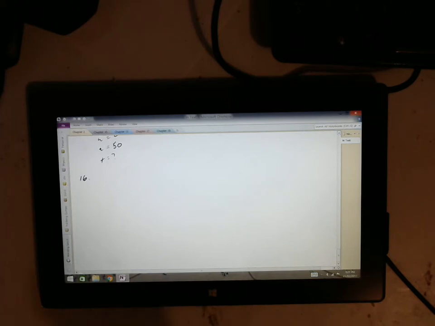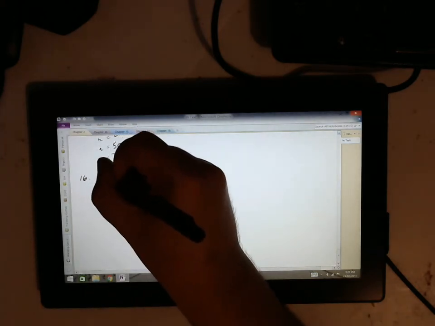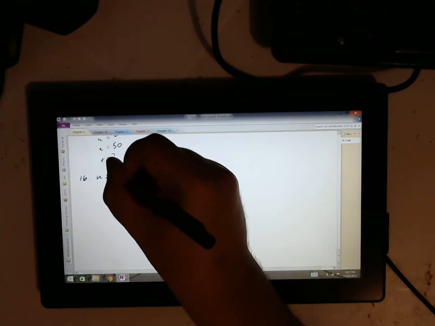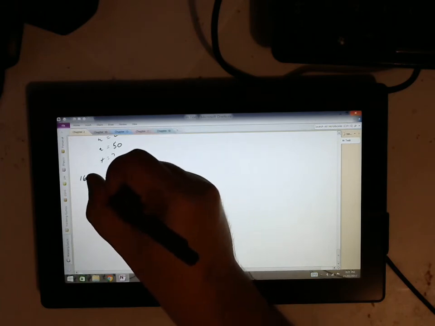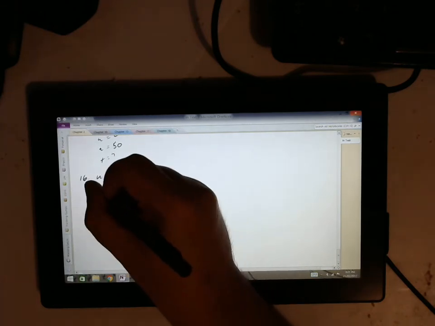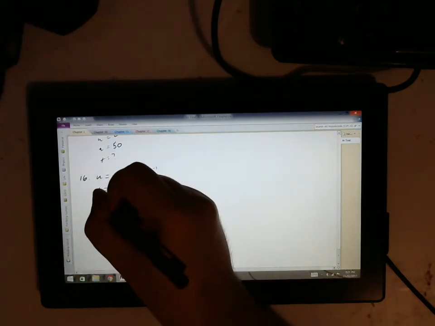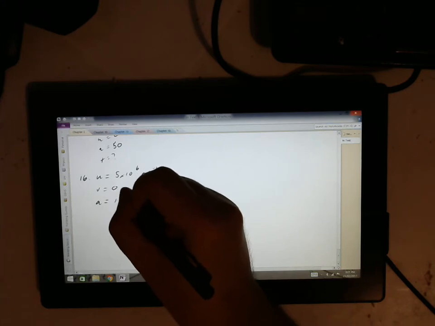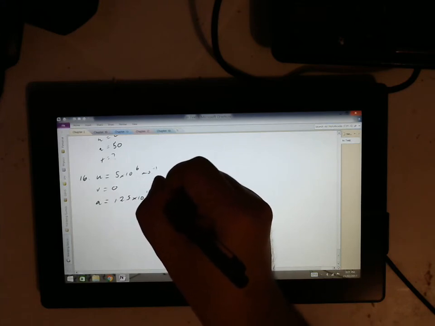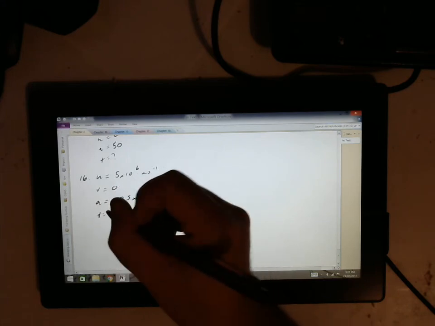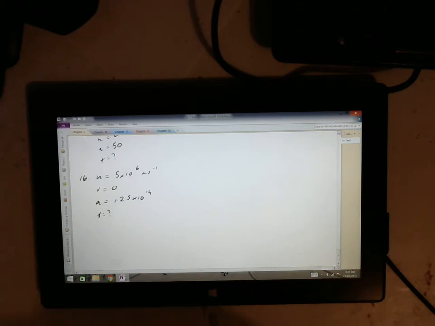So let's identify U correctly. U equals 5 times 10 to the 6, and V equals 0. It wants to go to 0. But we're going to say that A equals 1.25 times 10 to the 14. Now the fact this says decelerate should tell us it's negative, but let's say that we mess it up.